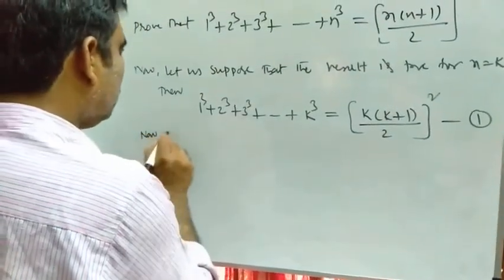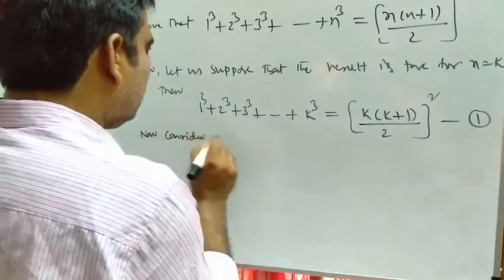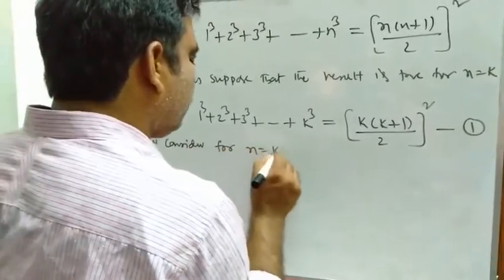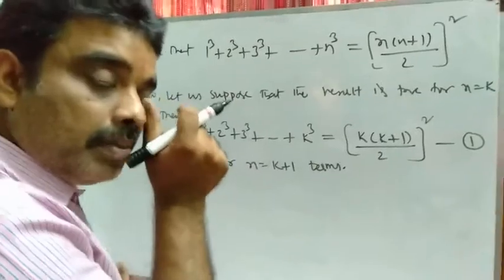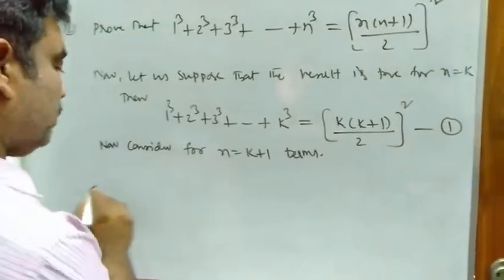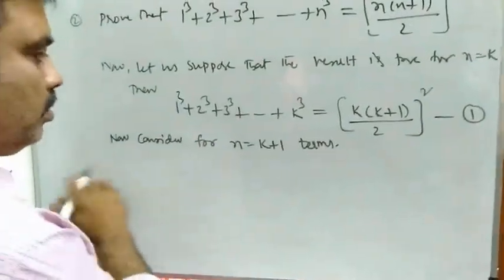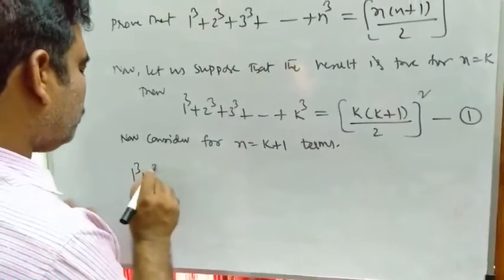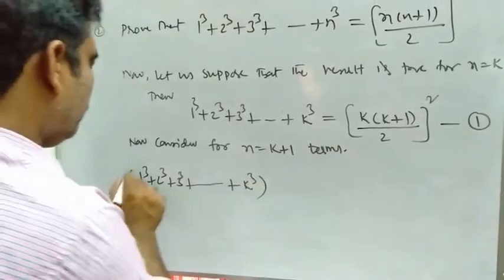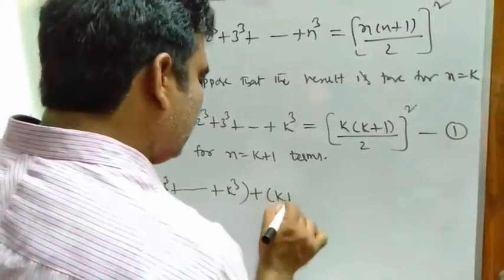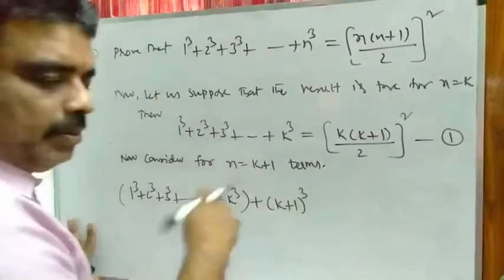Now consider for n is equal to k plus 1 terms. Now 1 cube plus 2 cube plus 3 cube plus so on plus k cube plus (k plus 1) whole cube, the next term.